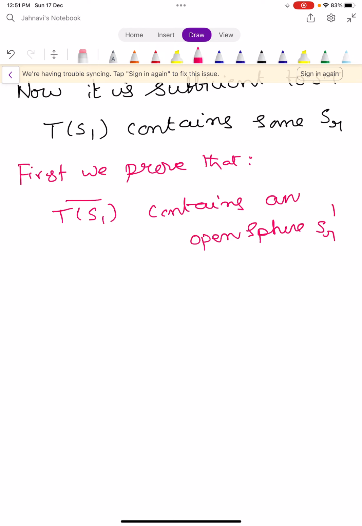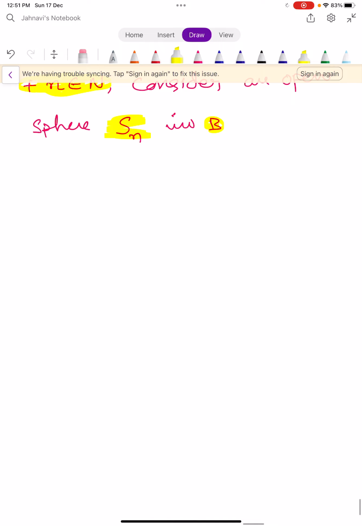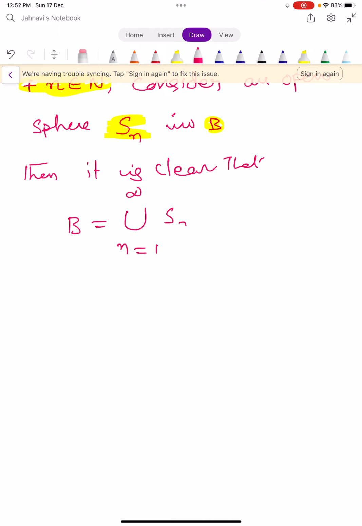So right, for each positive integer n belongs to capital N, consider an open sphere Sn in the Banach space capital B. Then it is clear that B can be written as union n equals 1 to infinity Sn.